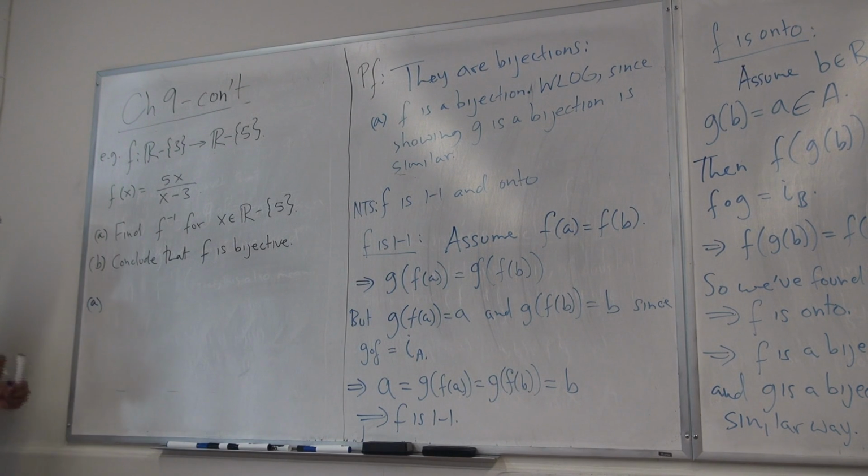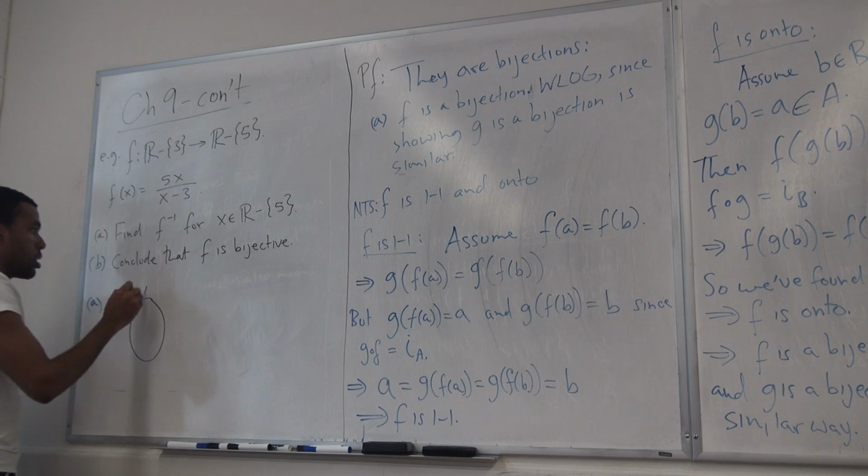Do A. How do you find F inverse? Set F of X, 5X over X minus 3, equal to Y and solve for X. Basically you switch the outputs and inputs.